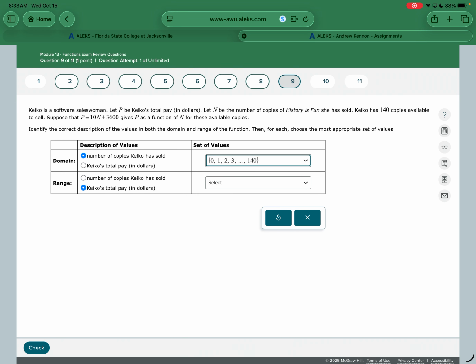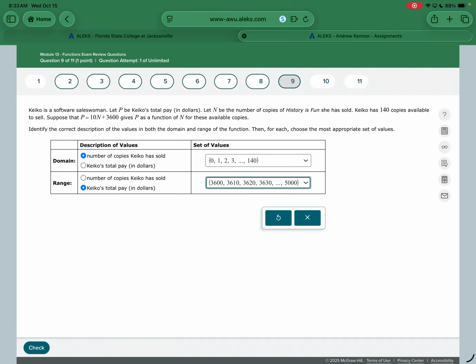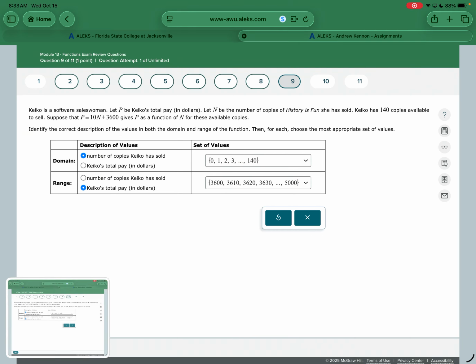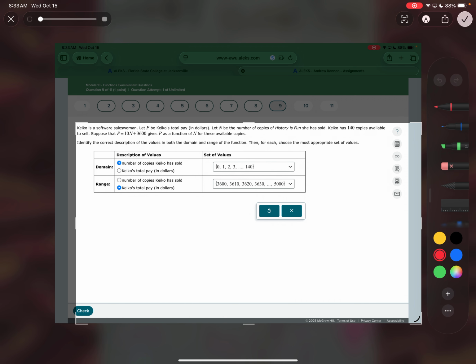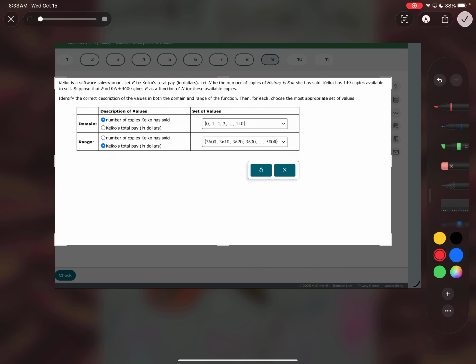To find this one, let me select the correct answer, then I can write it out and tell you. Oh, I got it. Okay. The range is your output, so it is based on your input. So you have two different options here.